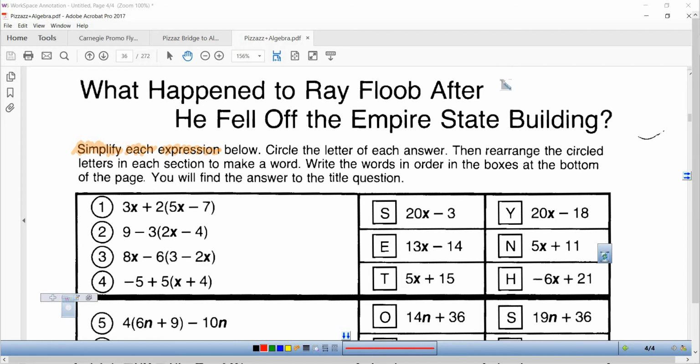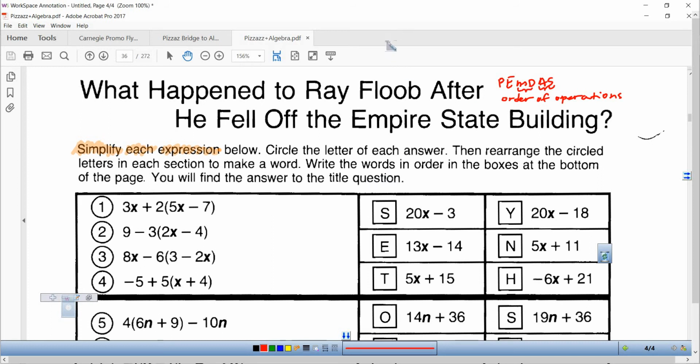All right, now remember, when we are simplifying or evaluating an expression, we must follow the correct order of operations. And the correct order of operations tells us to do what is inside the parentheses first, okay? Do what's inside the parentheses, then any exponents, then multiplication and division from left to right, and then addition and subtraction from left to right.